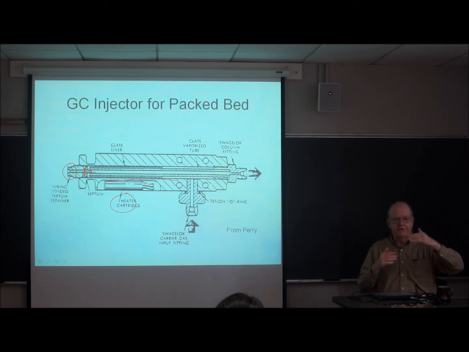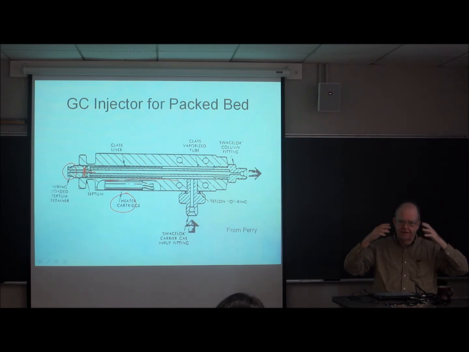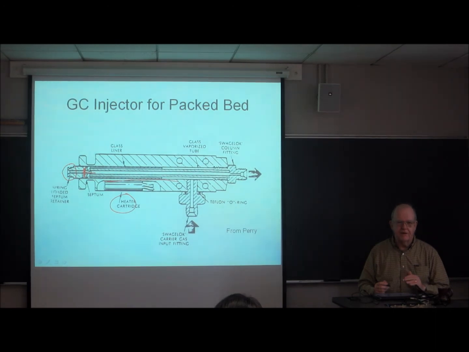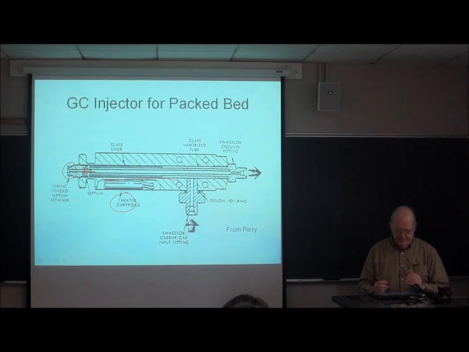So you inject your sample in a solvent onto the liner, and the idea is to vaporize it instantaneously. Now, the only way you can vaporize it instantaneously is you gotta have the liner above the boiling point of the sample. If it's below the boiling point of the sample, you just blew it. The recipe's gonna look like garbage.